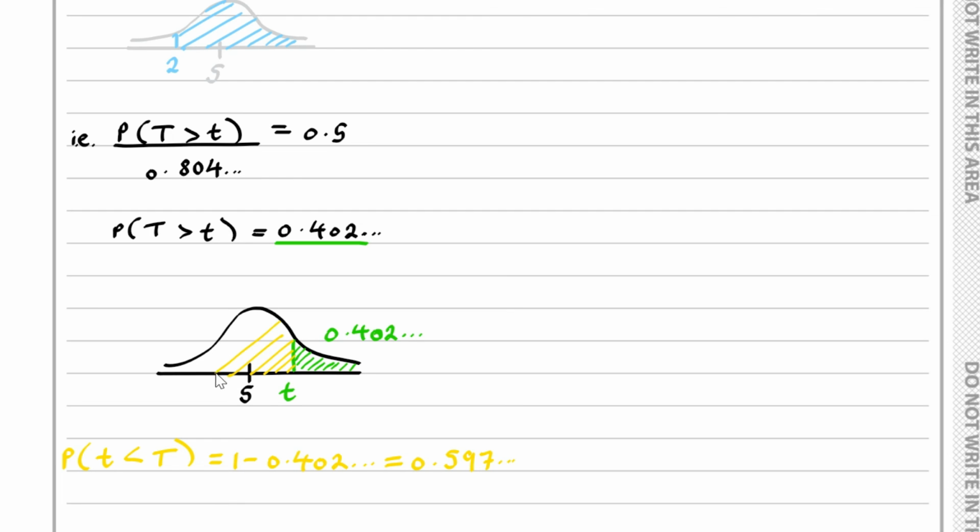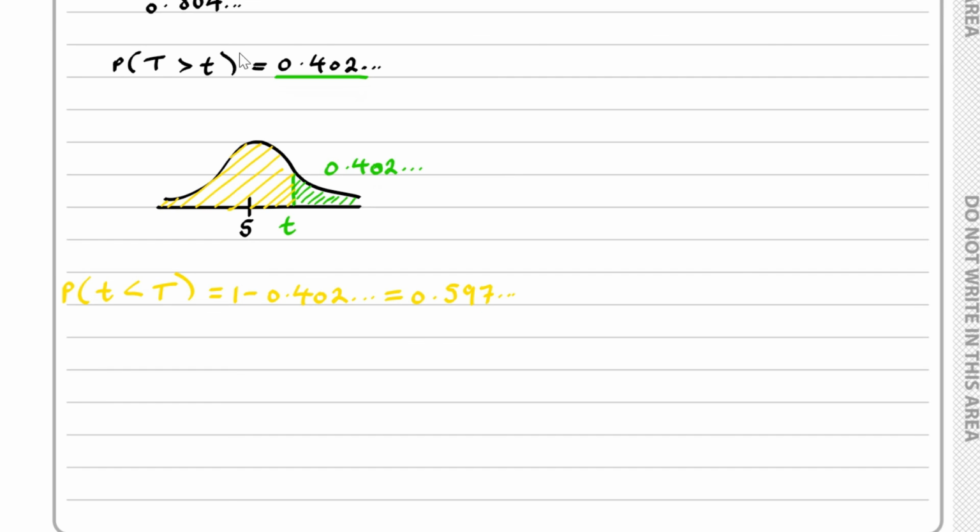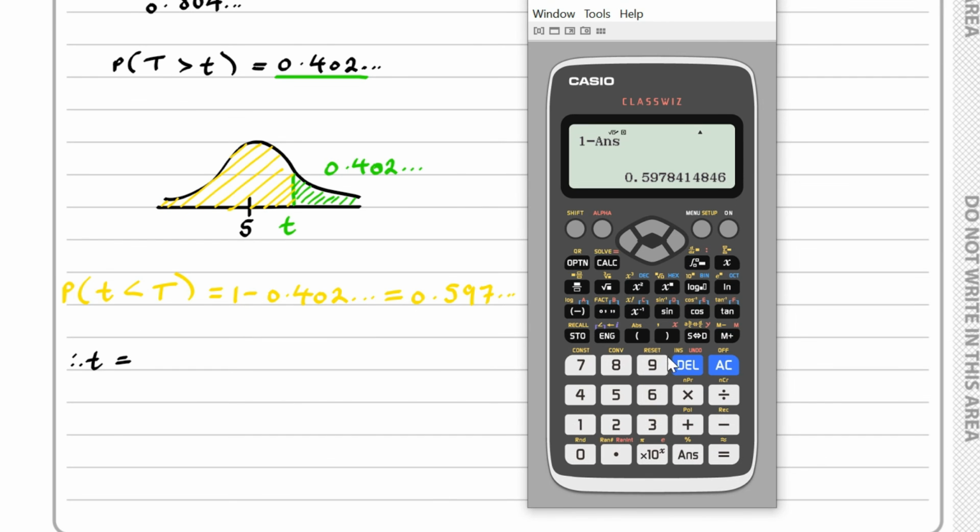So what we can now do is essentially use the inverse normal to work out this value of t. So therefore we can conclude t is equal to, if I use the inverse normal, so if we go to our calculator, option 3 for the inverse normal, the area is this, and mu over here is going to equal 5.